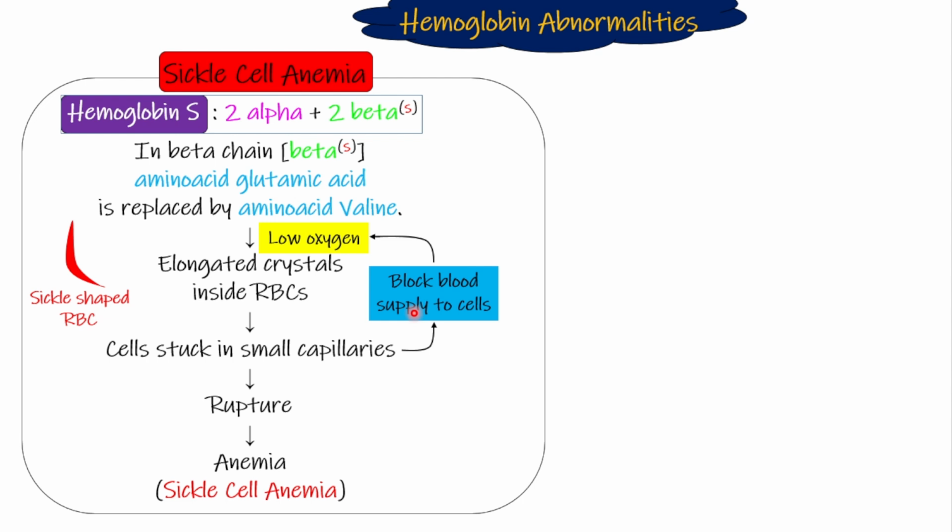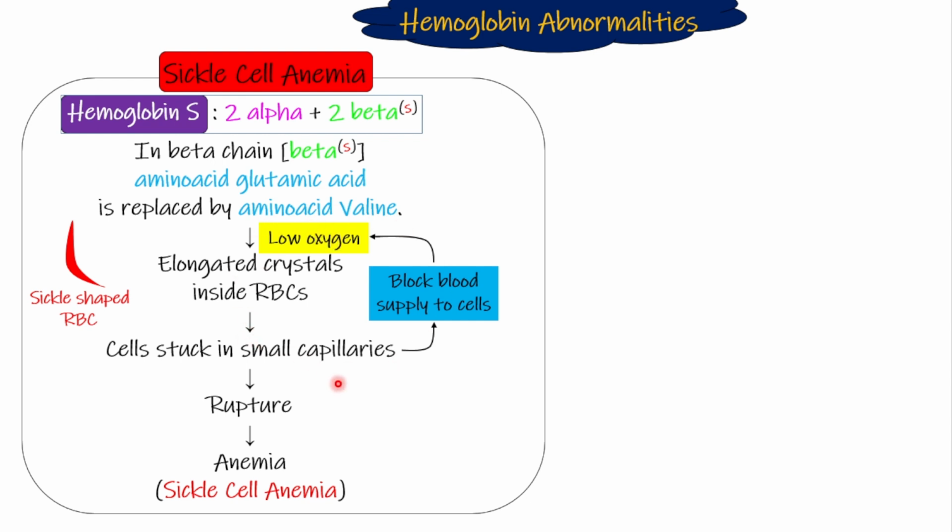And this reduction in the blood supply to the organ will cause additional low oxygen in those tissues, and this additional low oxygen will cause more sickling, more production of sickle-shaped RBCs. More production of sickle-shaped RBCs will lead to more RBCs getting stuck in the capillaries. More capillaries are blocked, which will result in more reduced blood supply to the tissues, and further reduced blood supply will cause an additional low oxygen.